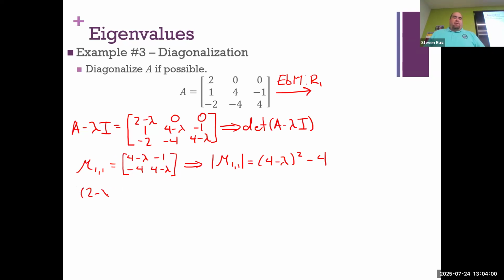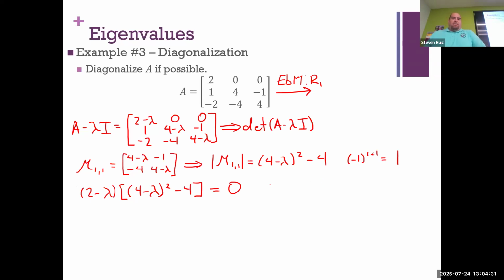So now I have (2 minus lambda) times ((4 minus lambda) squared minus 4) equals 0. One more thing to worry about: do I need to multiply this by negative 1? No, because negative 1 to the 1 plus 1 is an even power.